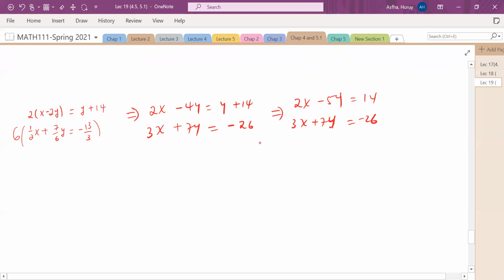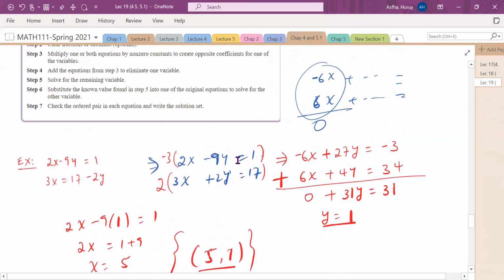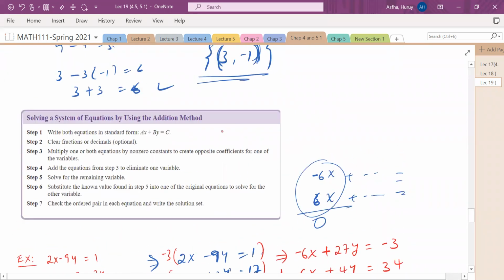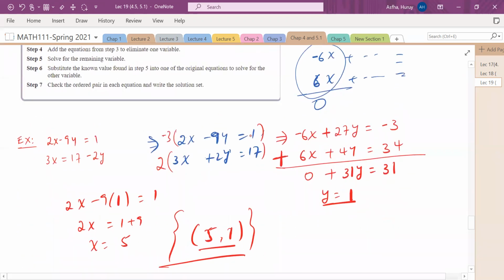So here you can either use the addition method or the elimination method. By the way, I forgot to mention that the addition method is sometimes called the elimination method, because we are eliminating one of the variables here.